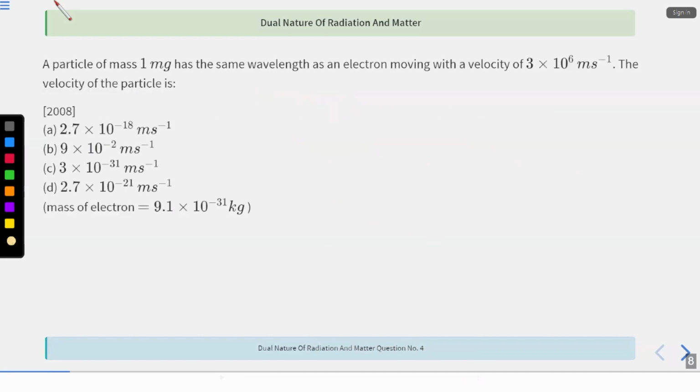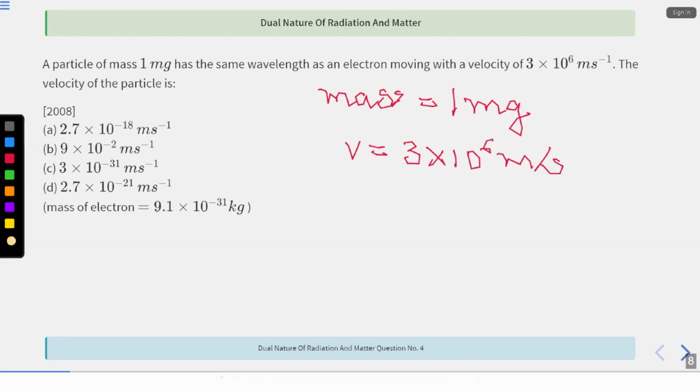A particle of mass 1 milligram has the same wavelength as an electron moving with a velocity of 3 into 10 to the power 6 meter per second. The velocity of the particle is what? So we have been given mass equal to 1 mg, and we have been given the velocity, and velocity is equal to 3 into 10 to the power of 6 meter per second, right?